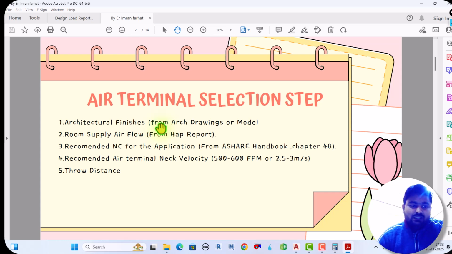Second, room supply airflow from the HAP report, and third is the recommended noise criteria as per the ASHRAE handbook, I will show you. Fourth is the recommended air terminal neck velocity, and fifth is the throw distance. These five data are very important for selecting the air terminal.